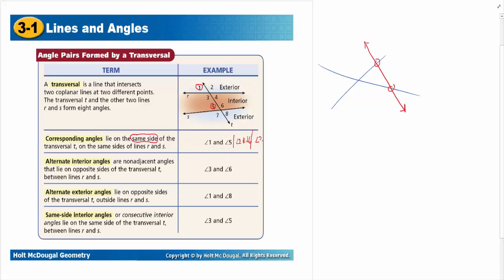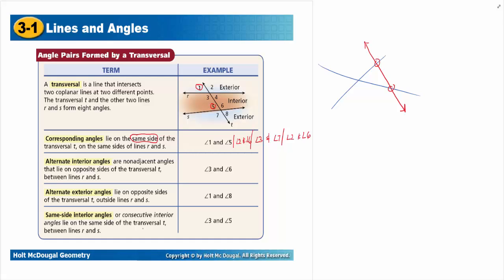We have angle 3 and angle 7. And then you have angle 2 and angle 6. Okay, so again, it means they're in the same spot. If you have your sets of angles, they're in the same spot on each one.